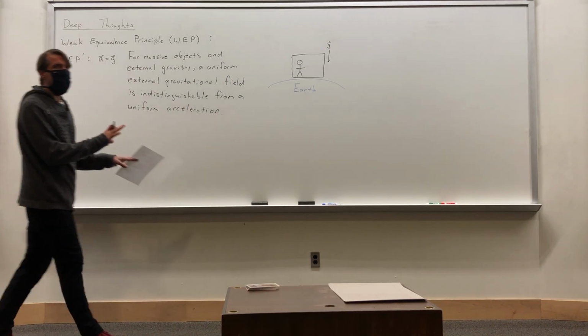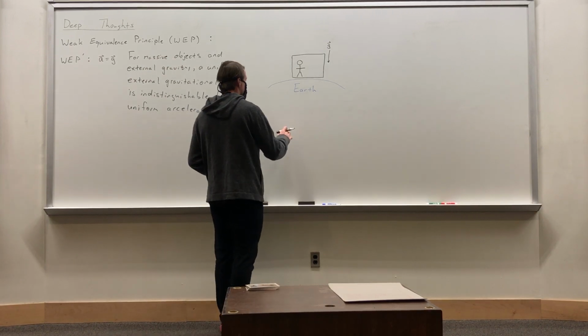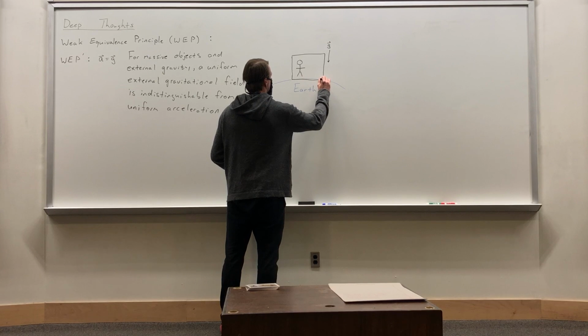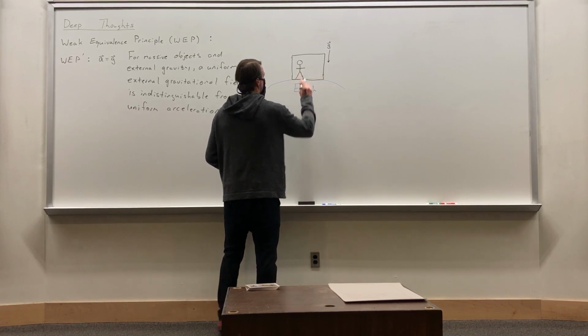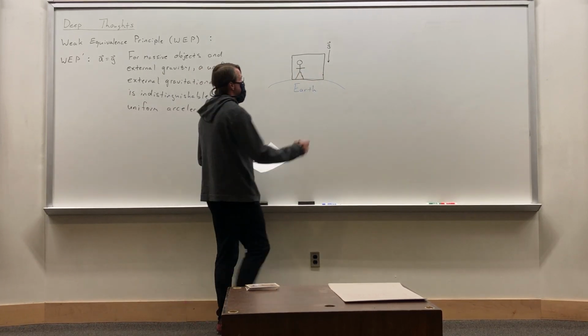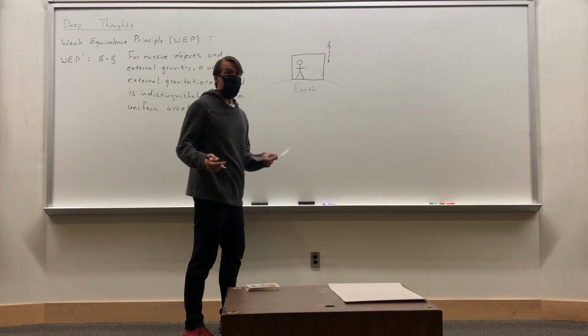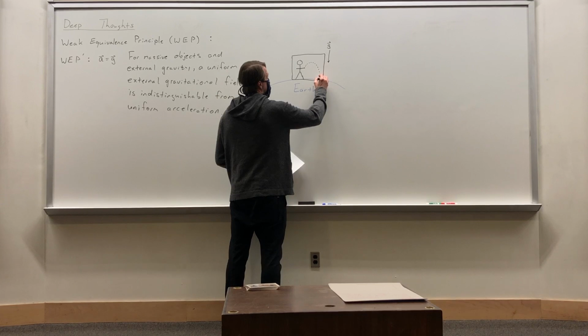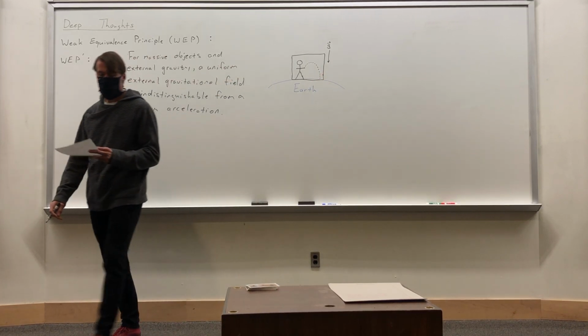So this thing is sitting on the surface of the Earth. It's not falling or anything. So, maybe I should just draw the bottom of it touching the Earth. So for example, as an experiment, we might just do a simple projectile motion. So we take a ball and we throw it. And that's what it does.